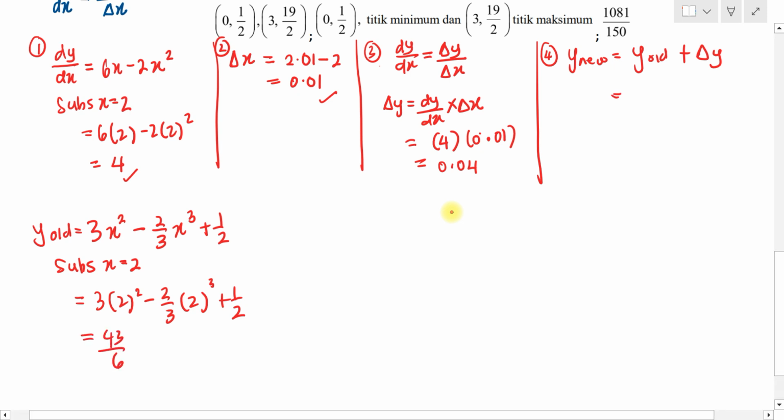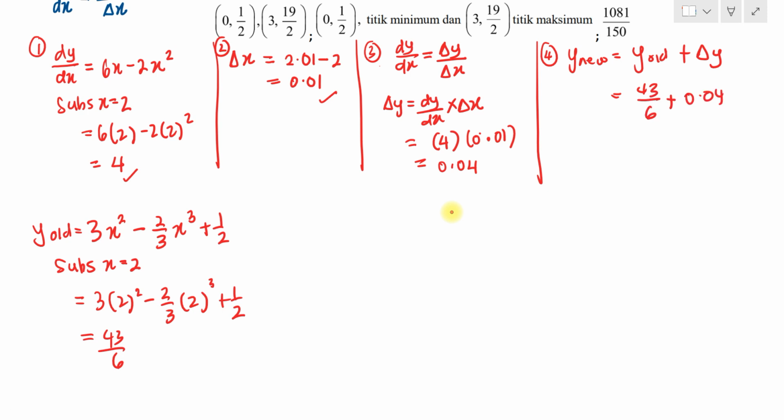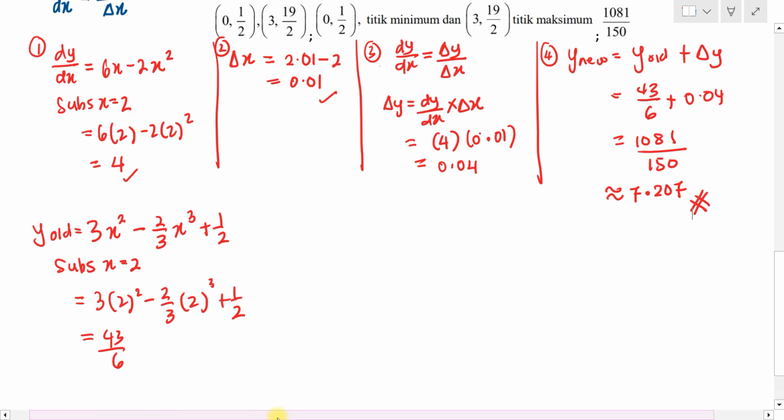Okay, now your y old is 43 over 6 plus your delta y is 0.04. So I'm getting answer 1081 over 150, which is equal to 7.20. Must give 4 significant figures, 7.207. Okay, that is the answer. Hope that's explained.